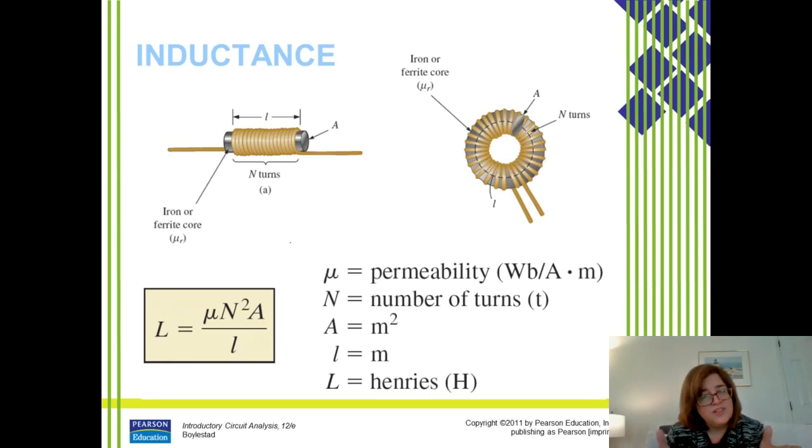However, if we increase the length, then we're actually decreasing the inductor value, because lengthening it will decrease its ability to set up that strong magnetic field. Okay, so in the next video, I'll show you some of these calculations, and we will work some problems from here.